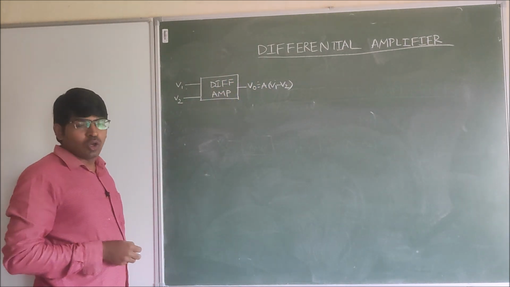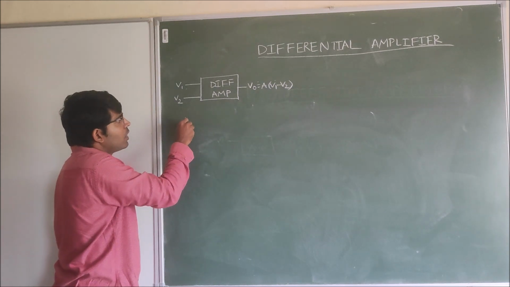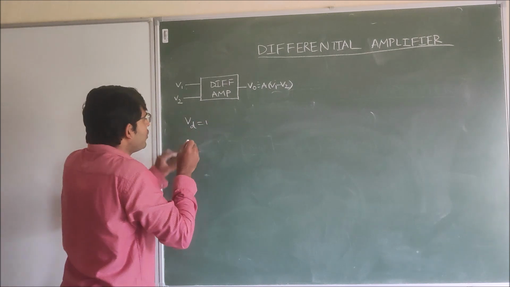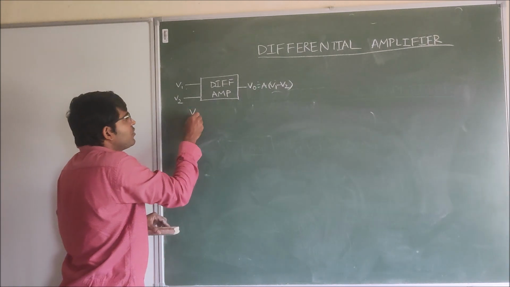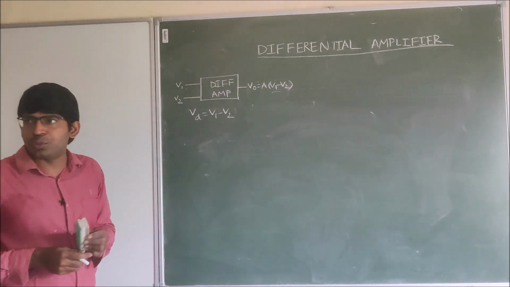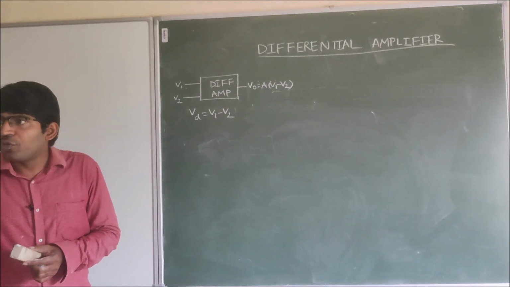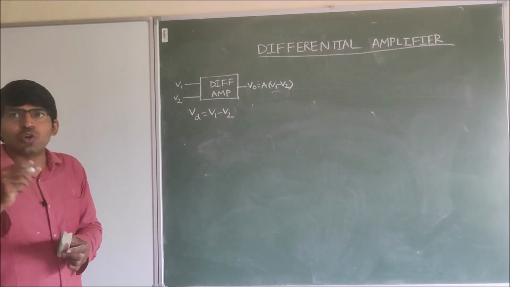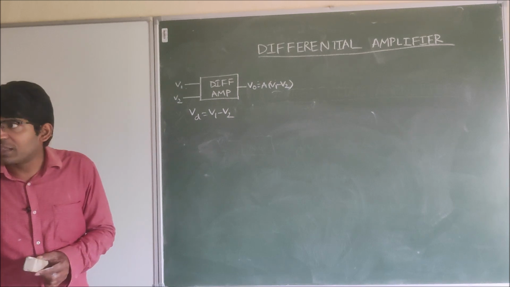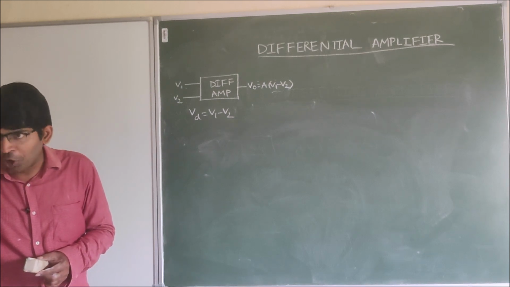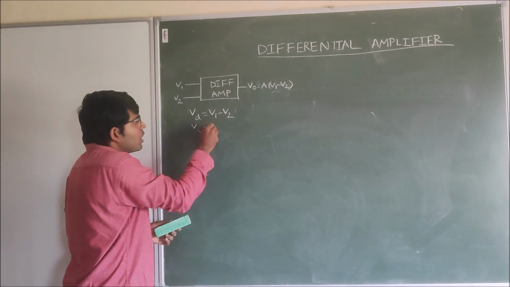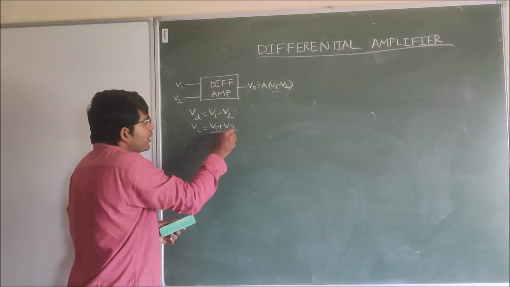The output difference voltage is V1 minus V2, so this is the difference voltage Vd. Now we have the common mode voltage, meaning the average voltage of these two. We treat the common voltage as noise. That common voltage Vc is equal to (V1 plus V2) by 2.